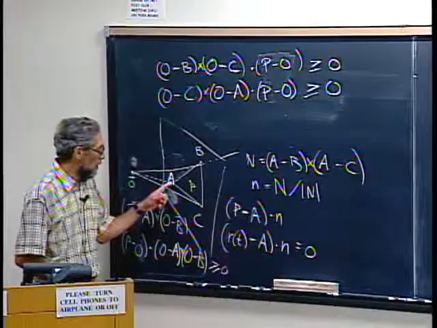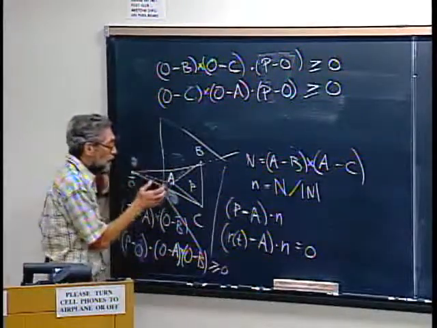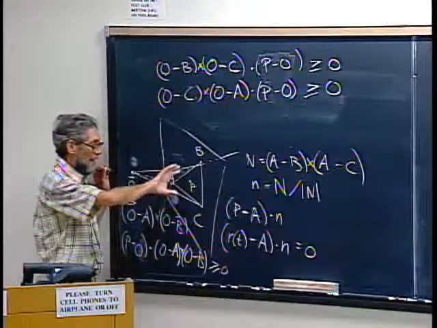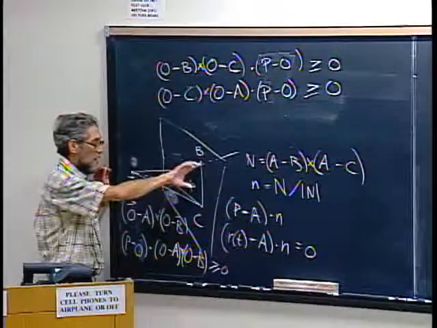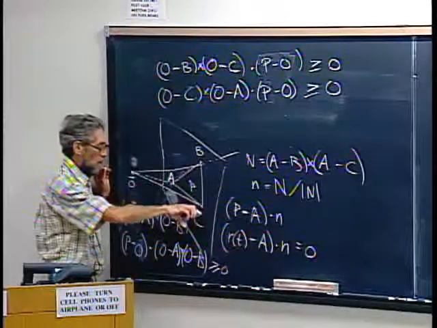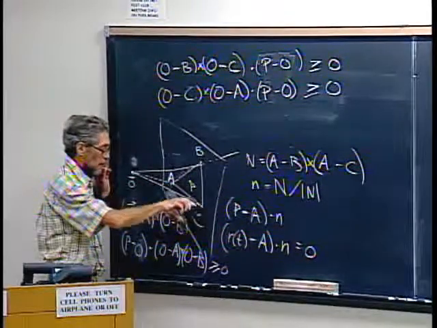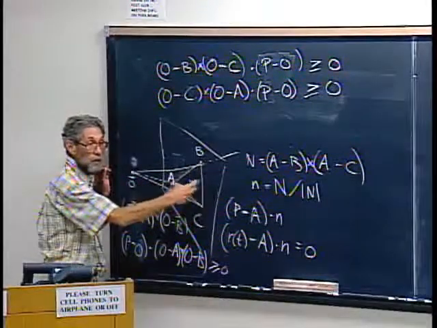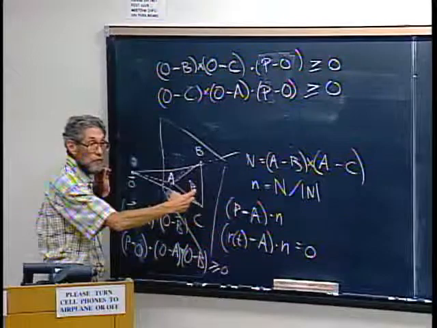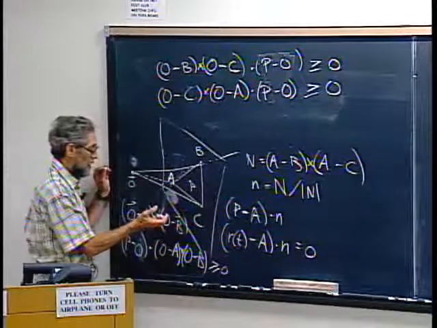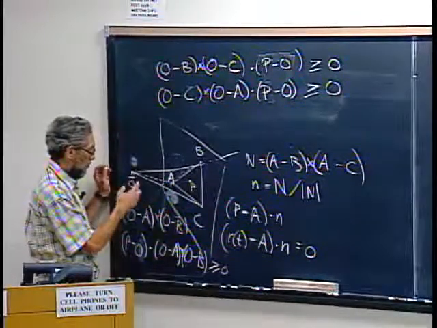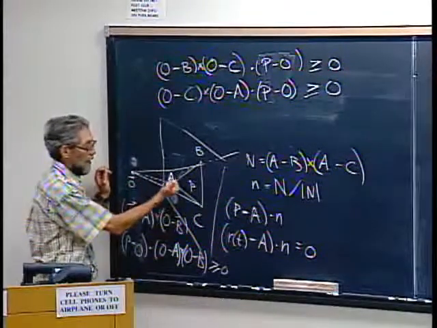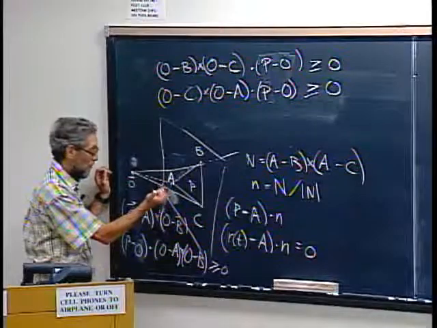But that's only so because normally if you have a face, you're getting an outward normal. Like if we take B minus A cross C minus A, we get the outward normal here, because this was counterclockwise when viewed from outside. And this one is clockwise when viewed from outside.